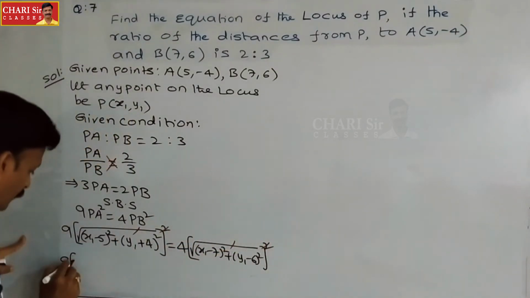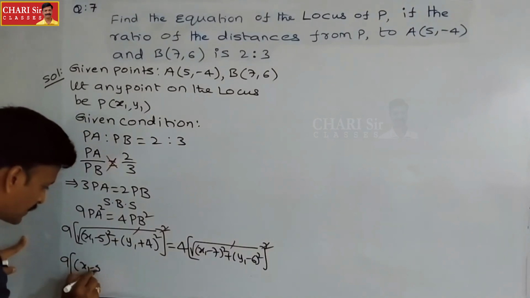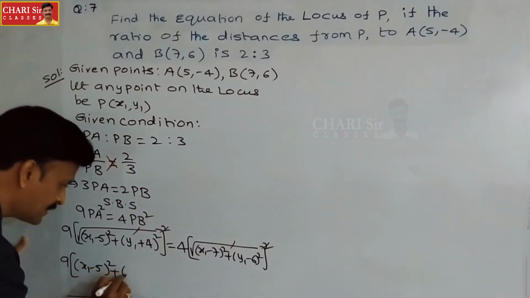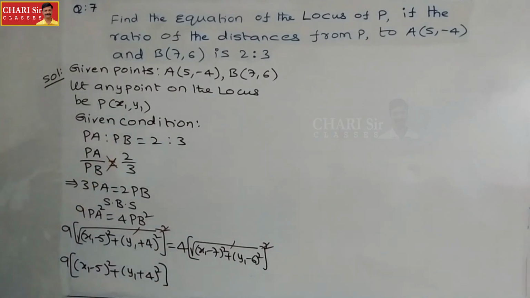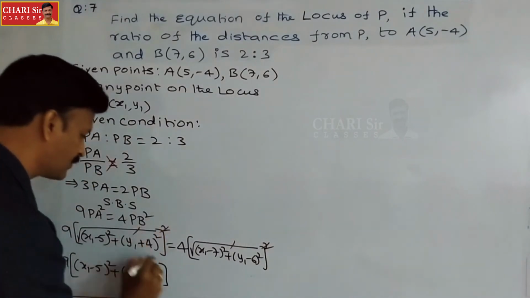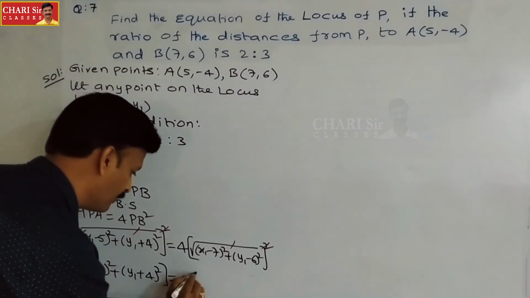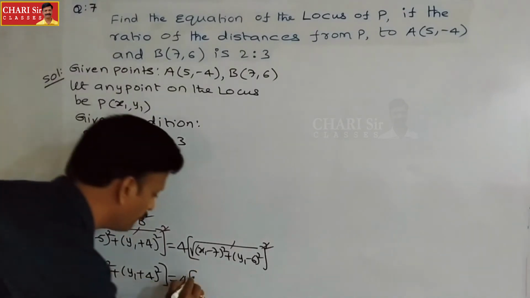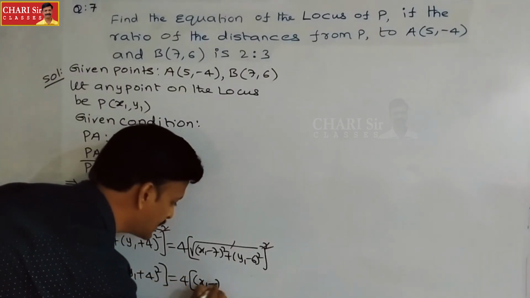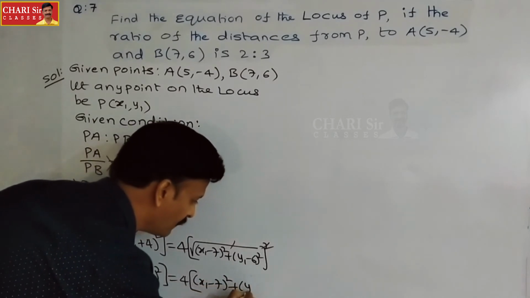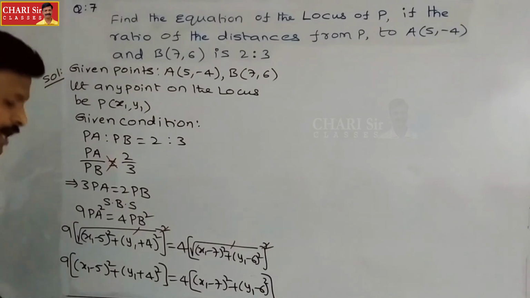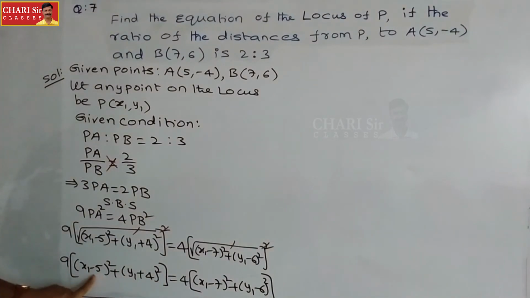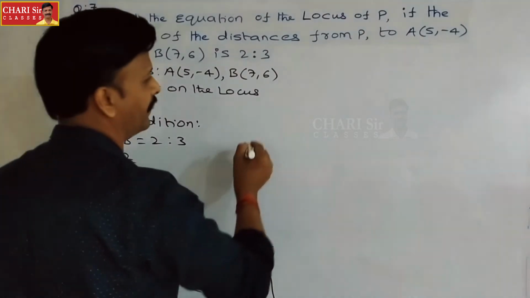So what is left over now here? (x1 minus 5) whole square plus (y1 plus 4) whole square. Square root has gone because of square. 4 into, now here also (x1 minus 7) whole square plus (y1 minus 6) whole square. That's it.